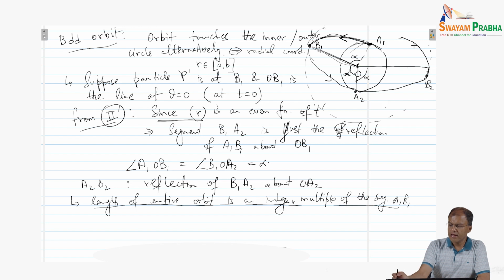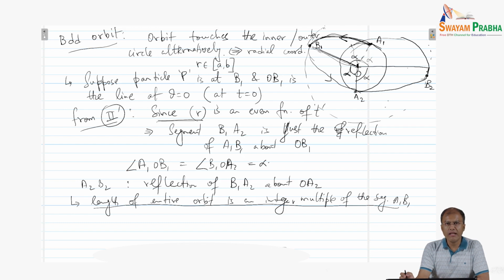So we expect that the next point of touching this inner circle will be such that we have again an angle alpha subtended by this planet. So notice that typically, if this is the motion of the planet where the angle subtended is always constant, and the area of the sector, based on Kepler's second law, is always the same, we expect that the orbit may not be closed in one revolution, right?